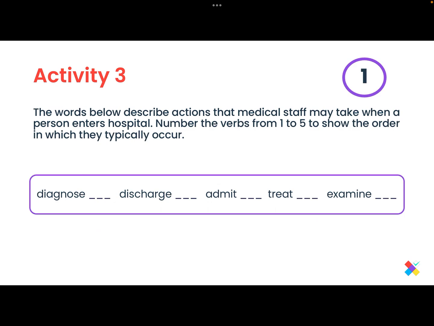Here you've got 5 words which describe actions, so they're verbs that medical staff may take when a person enters hospital. You have to number the verbs from 1 to 5 to show the order in which they typically occur. Now, again, another exam tip.